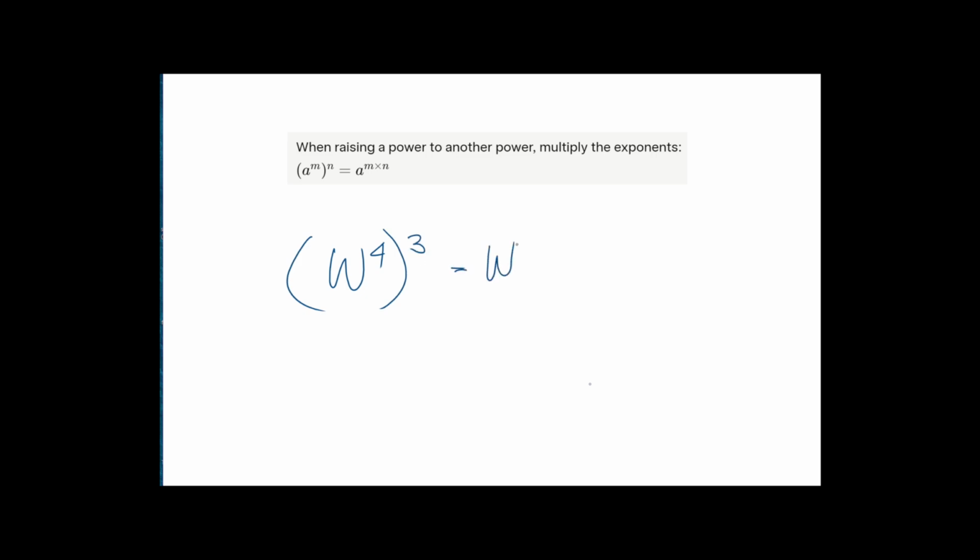Well, that's going to be w to the power of 12. If we really want to look at it, it's going to be w to the power of 4 times w to the power of 4 times w to the power of 4. And when we multiply, we add: 4, 8, 12.